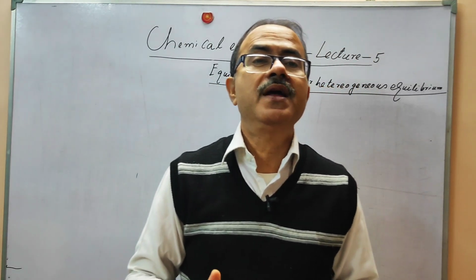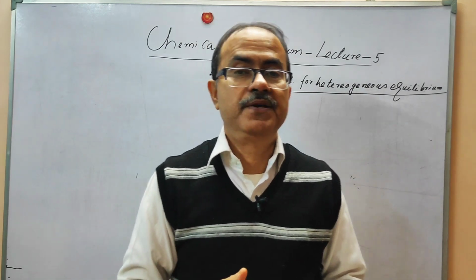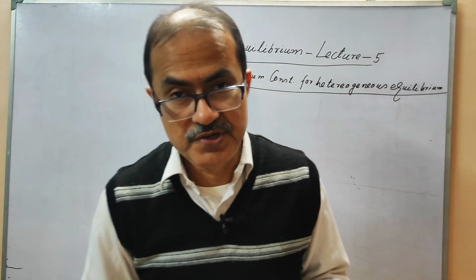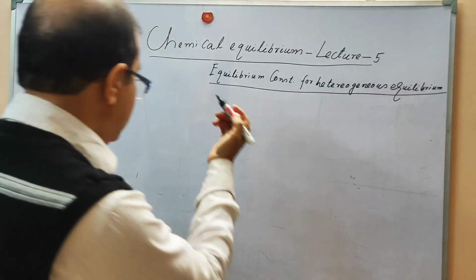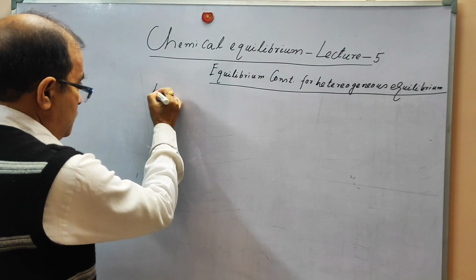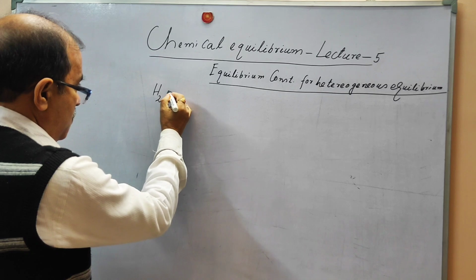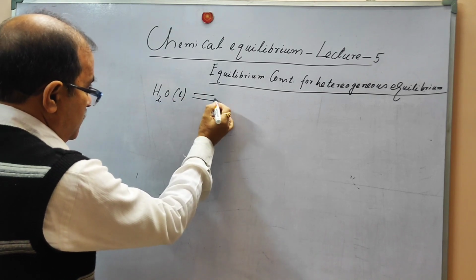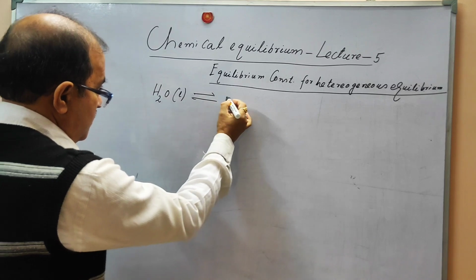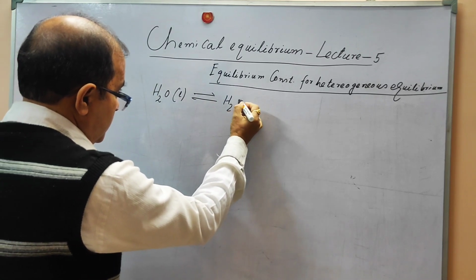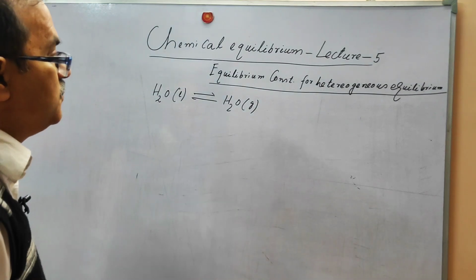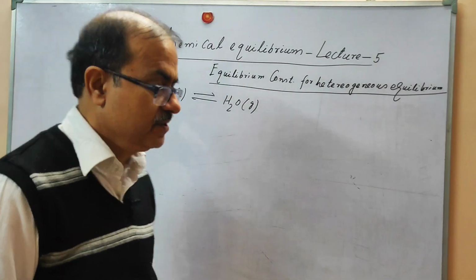So there is more than one phase, and we call it a heterogeneous equilibrium. The equilibrium between liquid water and water vapor is an example of a heterogeneous reaction.